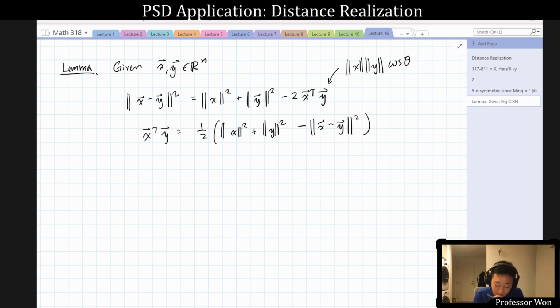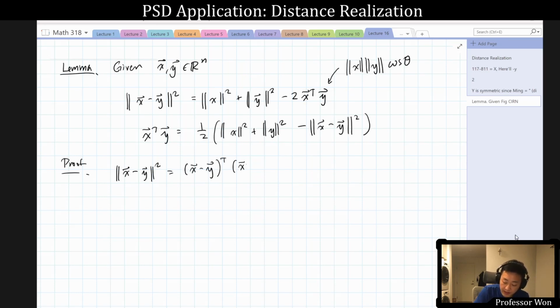Okay. Now, this is actually not so hard to see. It follows from taking the dot product 2 different ways, right? So the left-hand side is clearly the same thing as, okay, let me do it like this. This length squared is equal to x minus y dotted with x minus y.